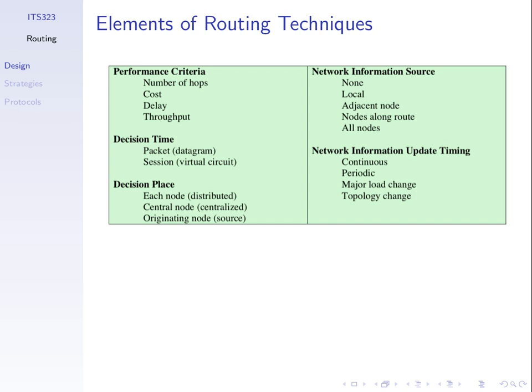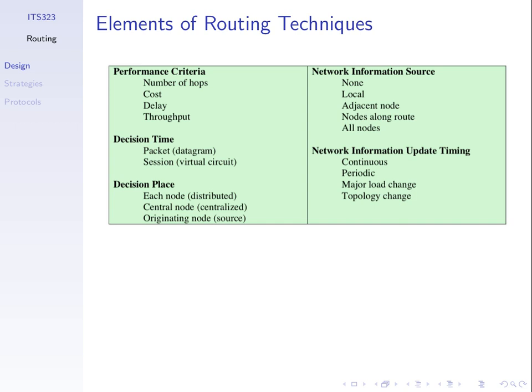Now, if I care about getting my packets from node 1 to node 6 quickly, with least delay, the best path would be 1, 2, 3, 4, 5, 6. So delay is another performance metric, another cost metric that's commonly used. If you know the delay of your links, you give them a number, a cost, and then the algorithm chooses the best path based upon the least delay.